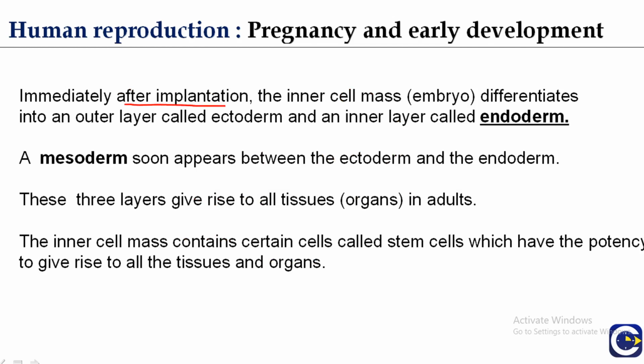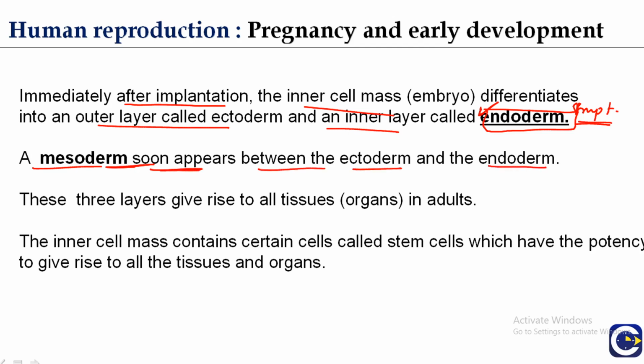Immediately after implantation, as we have already discussed, the embryo differentiates into the outer layer ectoderm and inner layer endoderm. The first germinal layer formed is the endoderm, from the hypoblast of the embryonal knob of the blastocyst. After the formation of ectoderm and endoderm, the mesoderm soon appears between them.